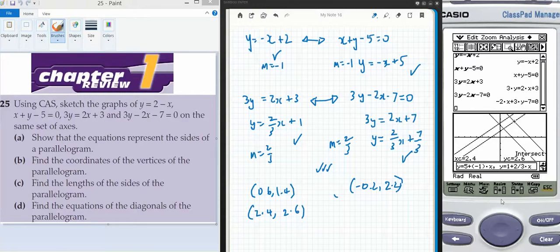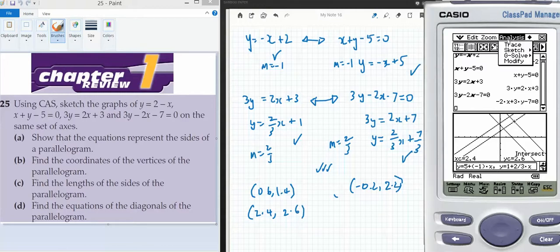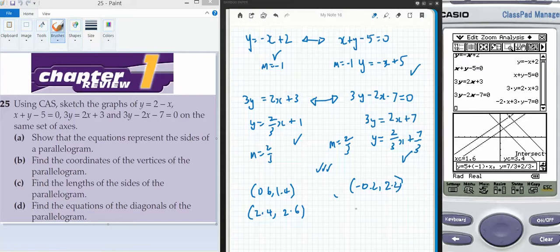And lastly, come back to the graph, Analysis, G-Solve, Intersect, move to that line, enter, move to that line, enter, and there's the intersection point at 1.6 and 3.4. So that's part B, find the coordinates of the vertices of the parallelogram. Find the lengths of the sides of the parallelogram.